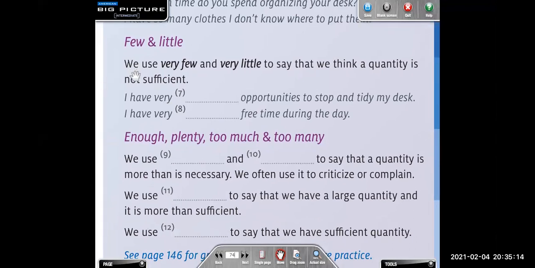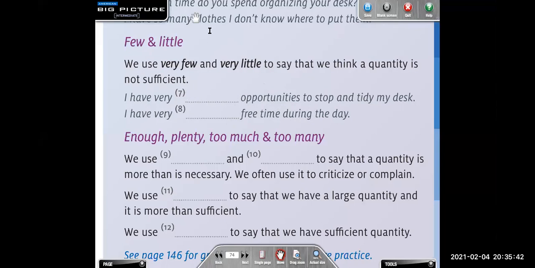Okay, let's go with a few and little. We have here, we use very few and very little to say that we think a quantity is not sufficient. Okay, cuando no es suficiente, very little and very few. I have very opportunities to stop and tidy my desk. I have very free time during the day. So what do you think here? What do we write?